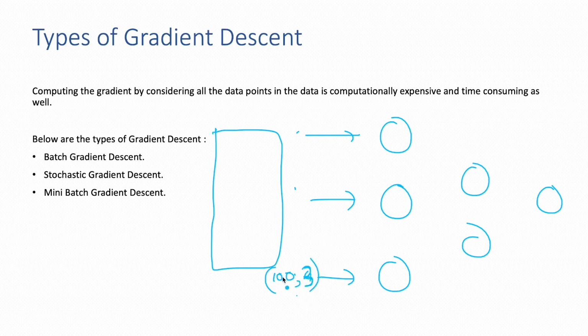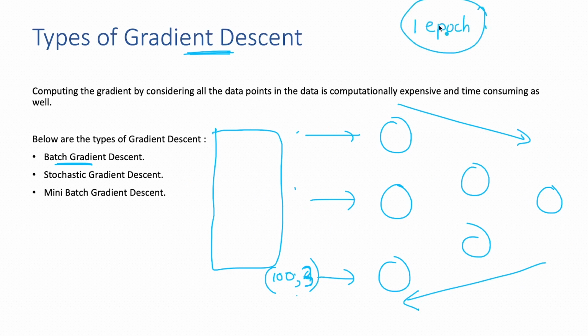Now all 100 samples are shown to this network and your gradients are computed by considering all of these points. Your weights and biases are updated by considering all of these points at once. This is your generic gradient descent process, which is nothing but the batch gradient descent process that we have learned. So when you expose all of these points and conduct a forward pass and a backward pass, it means that you have completed one epoch.